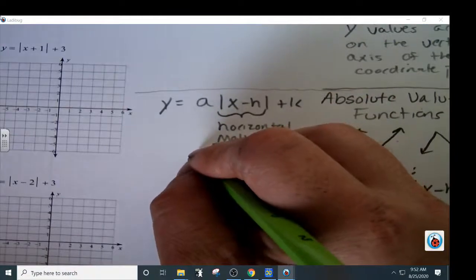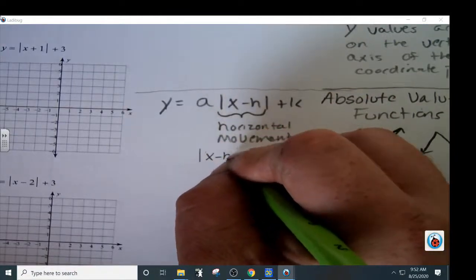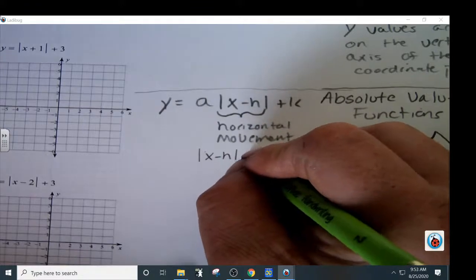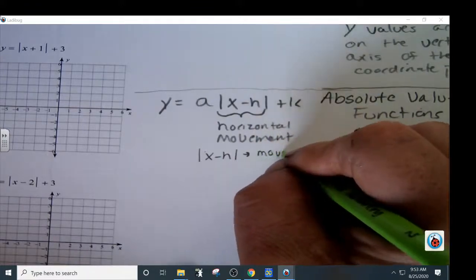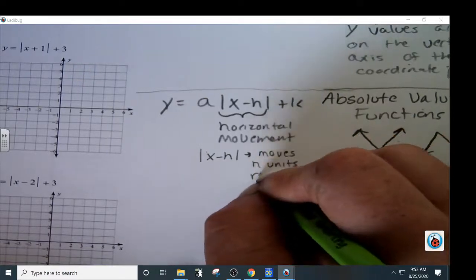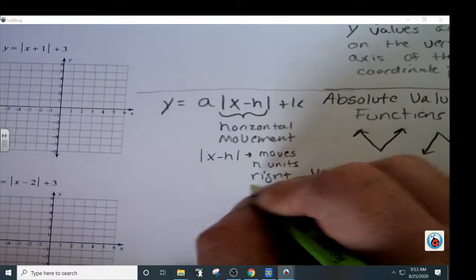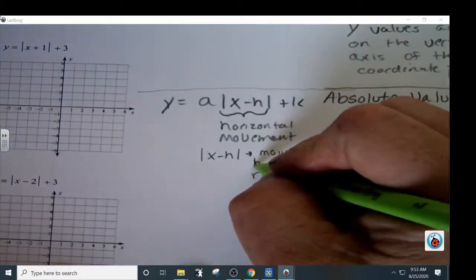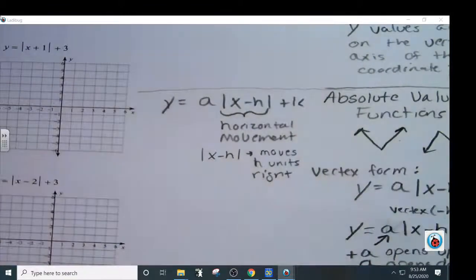If it's absolute value of x minus h, it moves h units right, which means whatever number h is, that's how many units it's going to move to the right. It's actually opposite of what you think. Okay, you would think since it's minus, it's going to go to the left, but it's actually opposite.